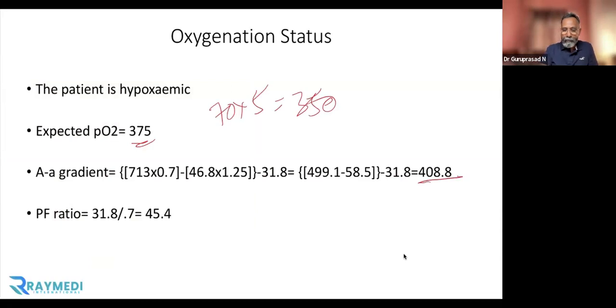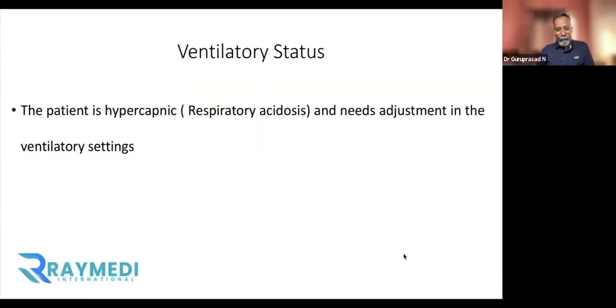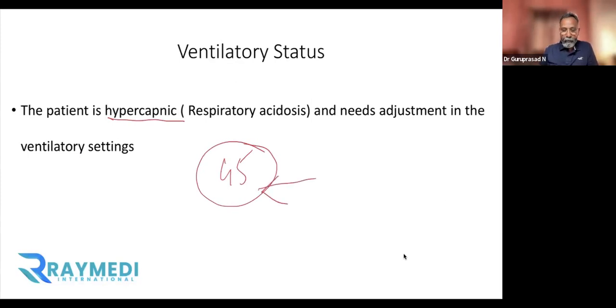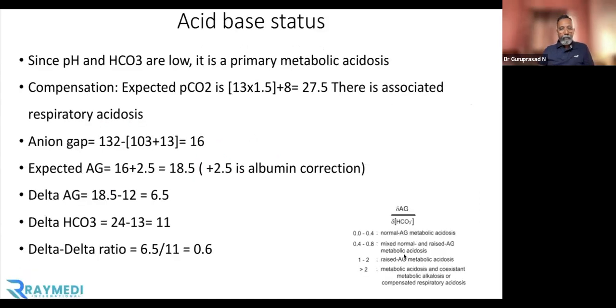That means there is definitely a respiratory, lung pathology, and the PF ratio also shows severe hypoxemia. The PCO2 is 45, so the patient is hypercapnic, and because the patient is on a ventilator for almost 3 days, the ventilatory setting needs to be adjusted to set the PCO2 back to normal.